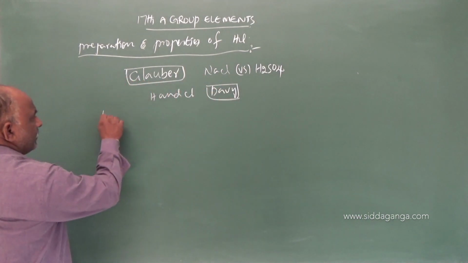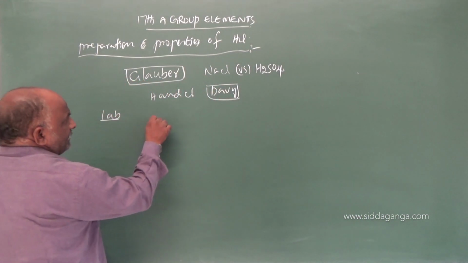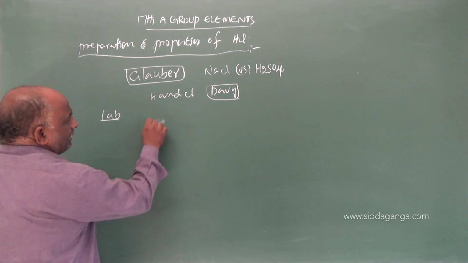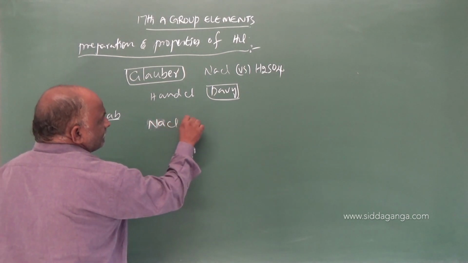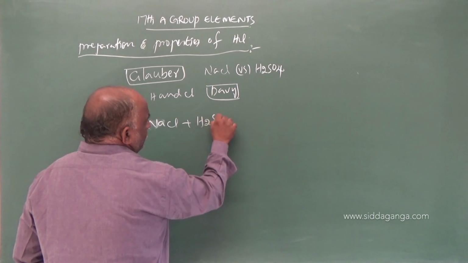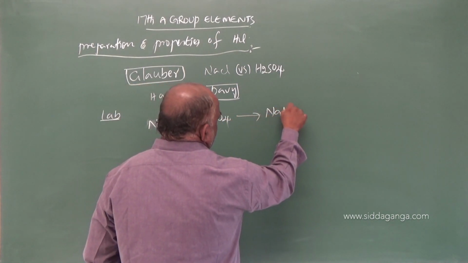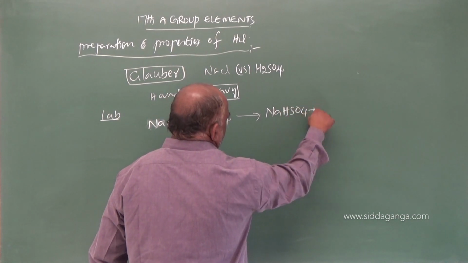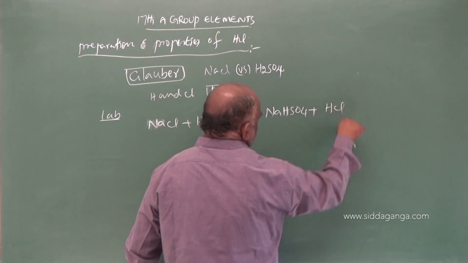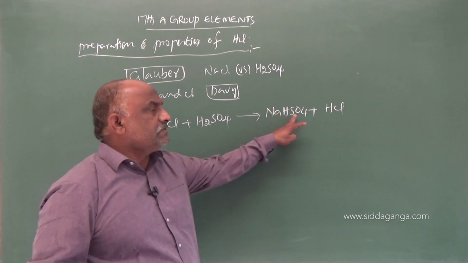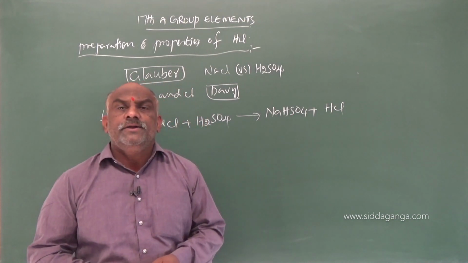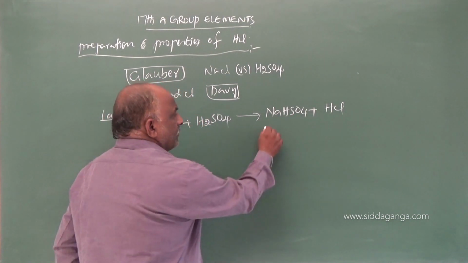In the laboratory preparation, NaCl plus H2SO4 gives rise to NaHSO4 plus HCl. NaHSO4 is sodium hydrogen sulfate. Remember the name.